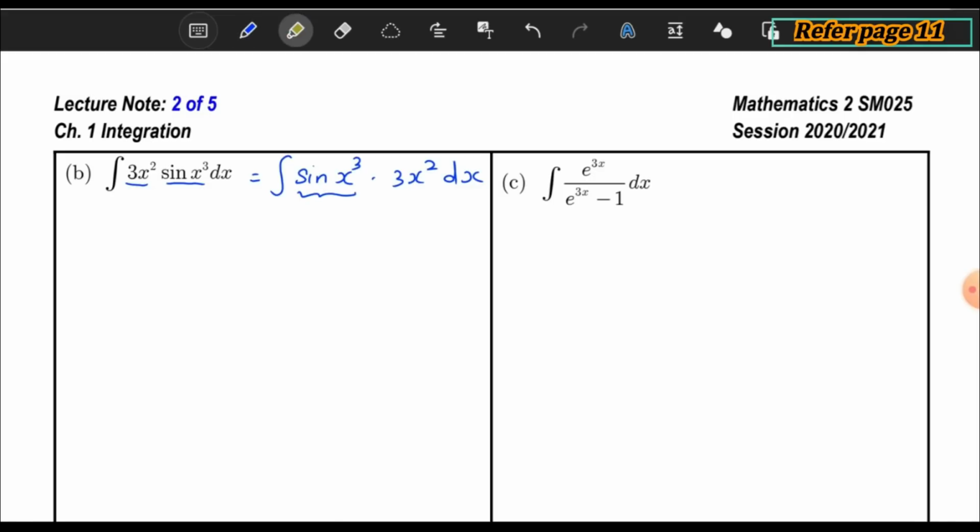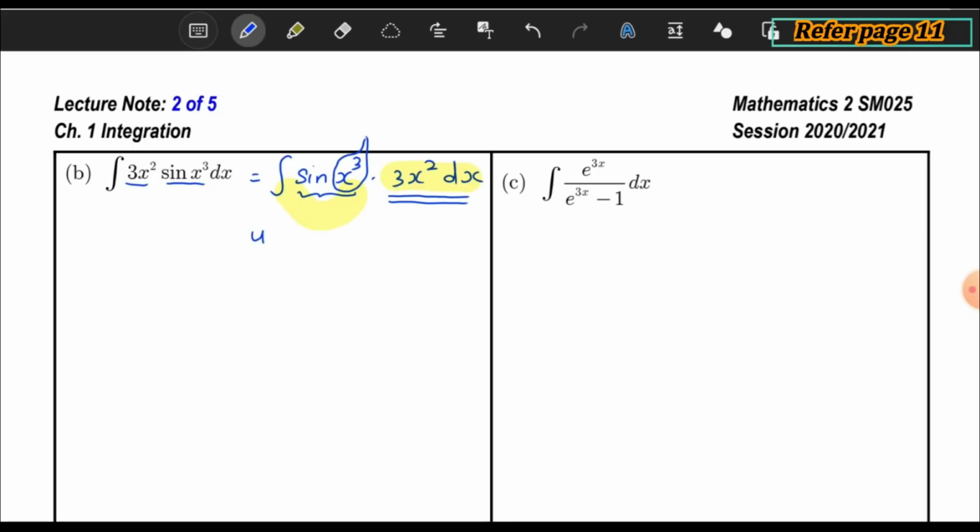Dan kalau awak perhatikan dekat sini, dekat belakang ni, okay, we have 3x squared. Kalau kita ambil u, keseluruhan function u, and if we try to differentiate, we will get cos. Sedangkan function kita dekat belakang ni tiada sebutan cos. So, untuk kes ini, kita akan guna angle of the trigo function as u.